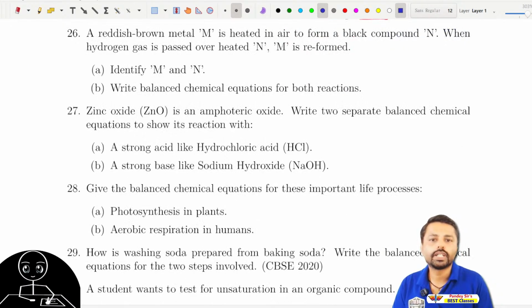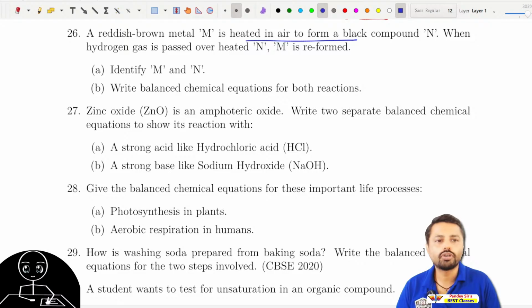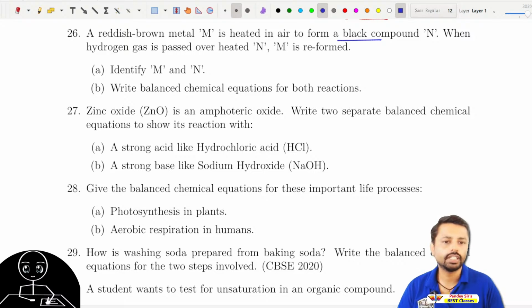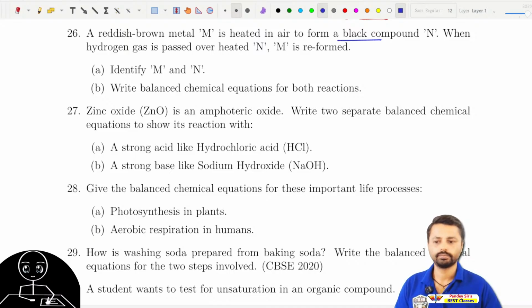A reddish brown metal M is heated in air to form a black compound N. When hydrogen gas is passed over heated N, M is reformed. We get M back. Now try, what is the correct answer for this?